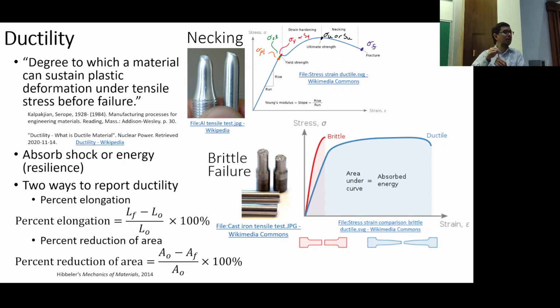Yes, Mark? Brittle failure. Okay, yeah, brittle failure. And literally, what am I going to see? Yeah, it should be kind of straight across, and maybe a little bit of jumpiness. Any necking? No, right? You're not going to see the material go into a nice hourglass shape before it fails, okay?